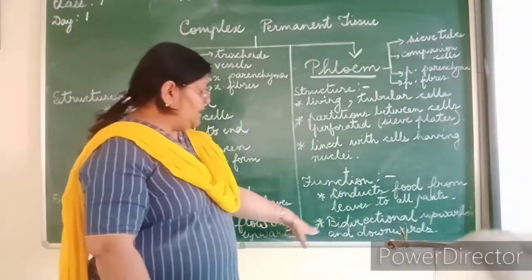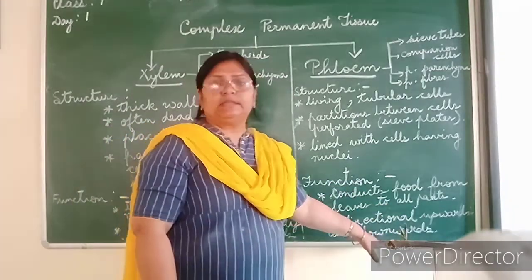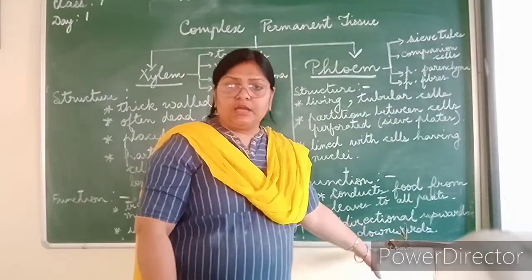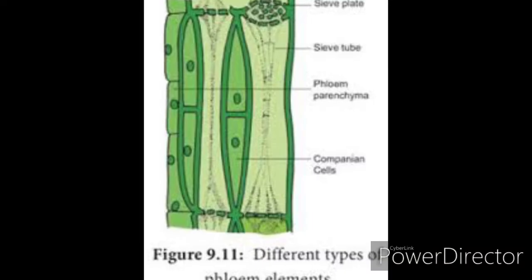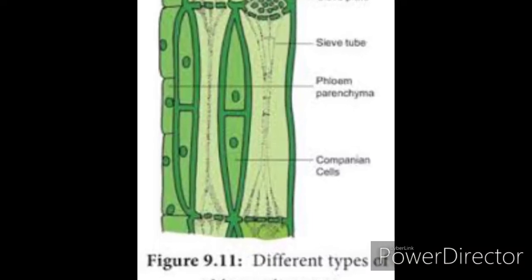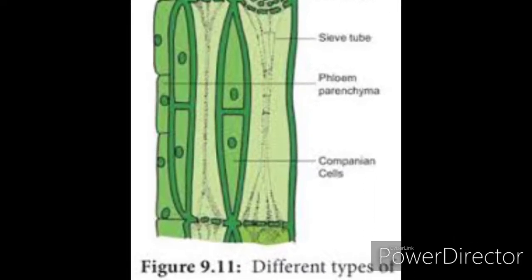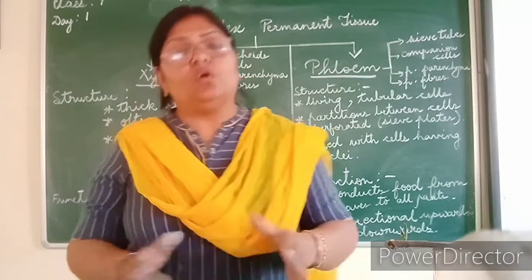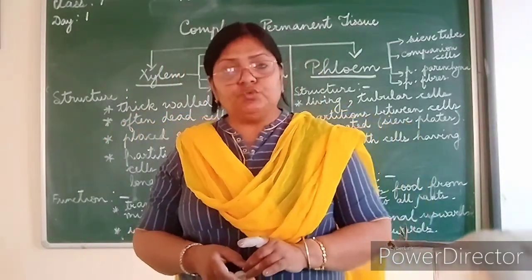Okay, and it is bidirectional, that is upwards as well as downwards. So this is all that you need to know about plant tissue.